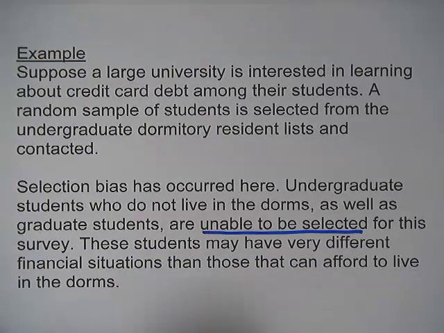So perhaps graduate students, because their tuition is generally more expensive and they may still have debt from their undergraduate degree, might be more likely to have a higher amount of credit card debt than generally younger undergraduate students. So because these portions of the population were unable to be selected, selection bias had occurred.